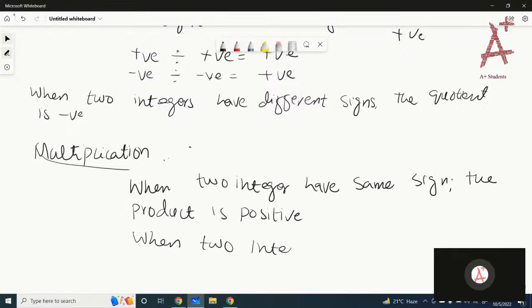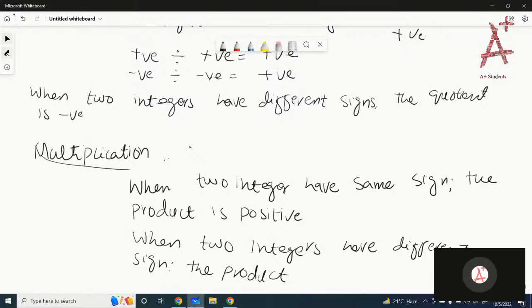When two integers have different signs, the product is negative. Got it? So in both cases, multiplication or division, when the numbers have the same sign, the answer must be positive. When the numbers are different, their answer must be negative.